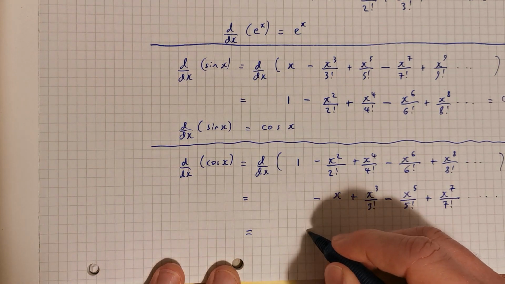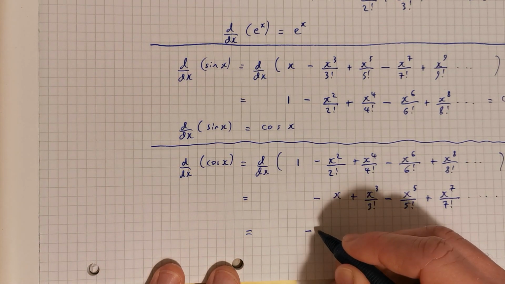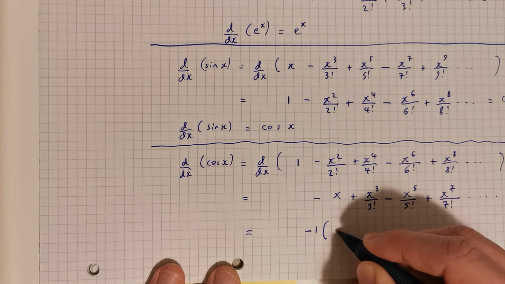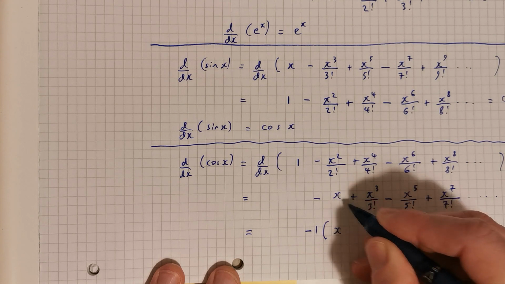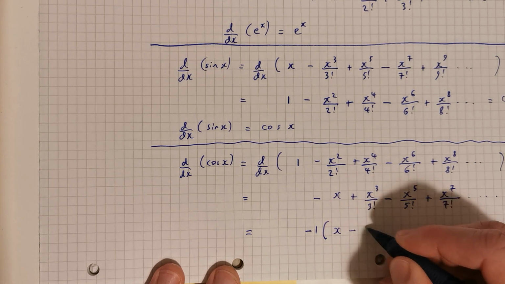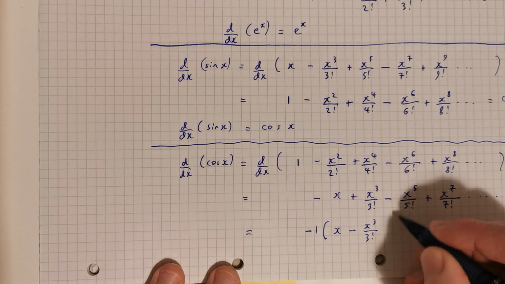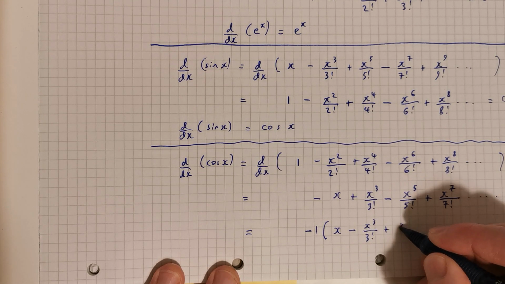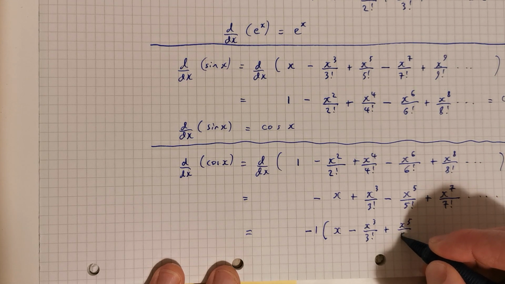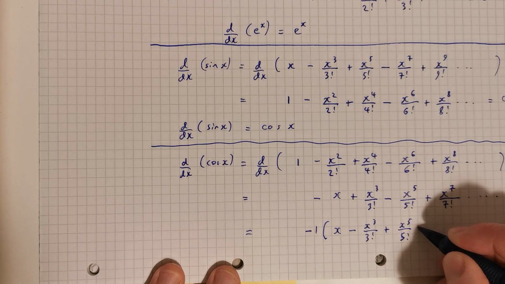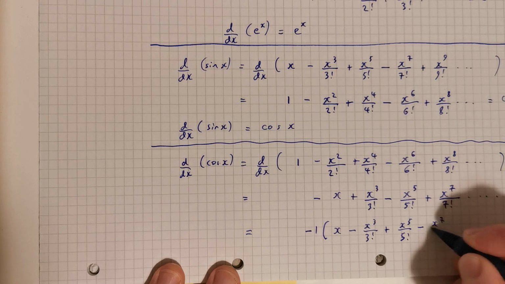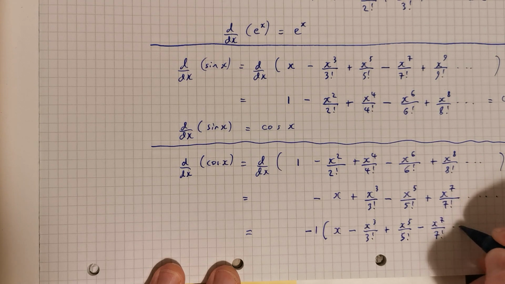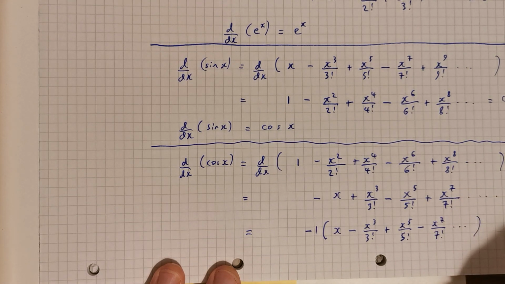But if I factor out a negative 1 from this, from the first term it's going to be x. And then from the second term, it's going to be negative x cubed over 3 factorial. And then from the next term, it would be positive x to the power of 5 over 5 factorial. And then from the next term, it would be minus x to the power of 7 over 7 factorial, and so on, forever and ever.